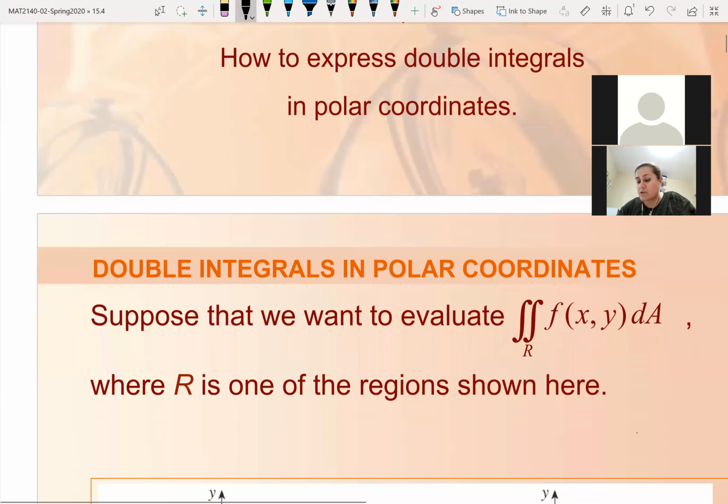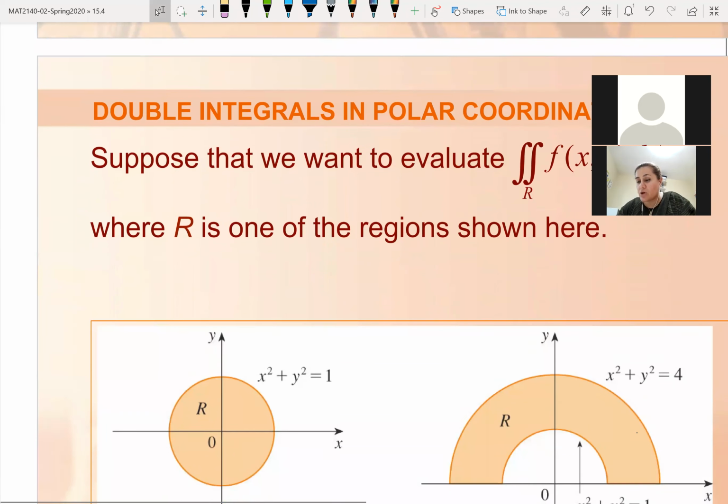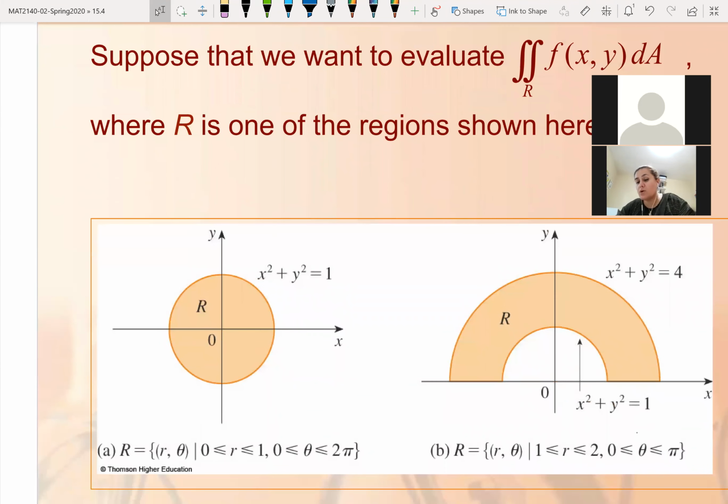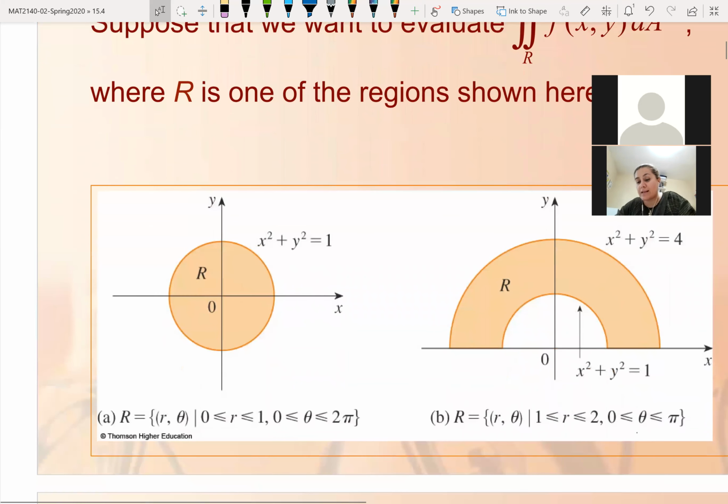Now, where do I need to use this type of polar coordinate? It has to be a circle region. If it is a circle region, or somehow an ellipse region, that's easier to do in polar. You can compare right now, at least for this problem.